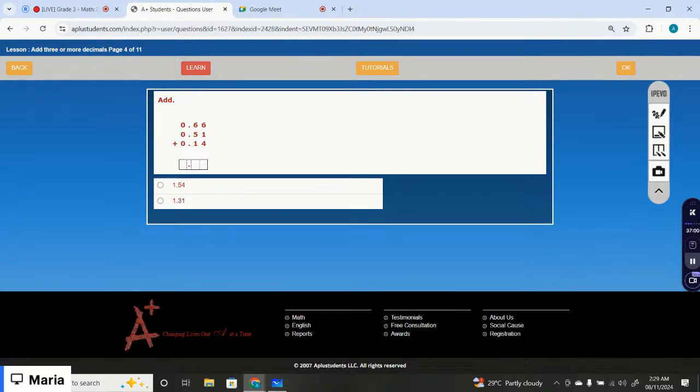Okay, the next one is 0.66 plus 0.51 plus 0.14. So, which is the correct option? How do we add?